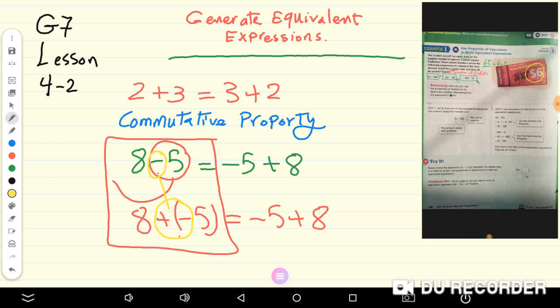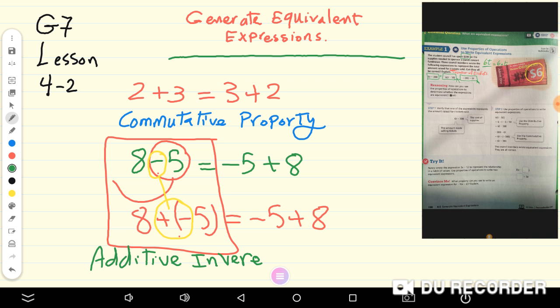This is a property too. So we have two properties here. What is this property called, where I change the sign, negative, positive, and something like this? It's called additive inverse.